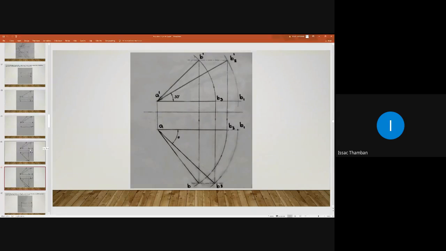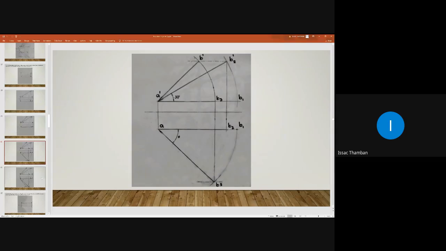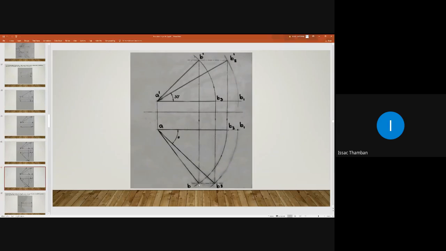Here we obtained B2, and from point B you are drawing an arc in this direction. If it is passing through point B2, then your solution is correct. Is it intersecting? Yes, sir. Okay, that is a confirmation. And that is the solution of this problem.